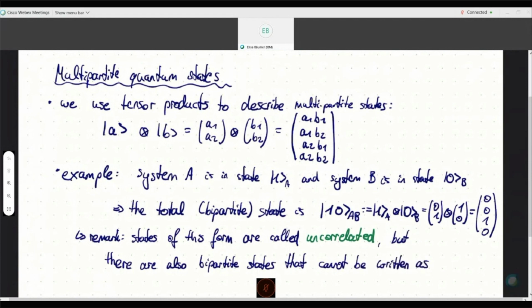So they cannot be written as some state psi on A, tensor some state phi on B. If they cannot be written like this, then we call these states correlated.